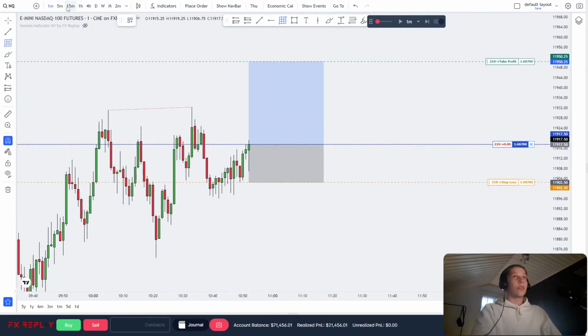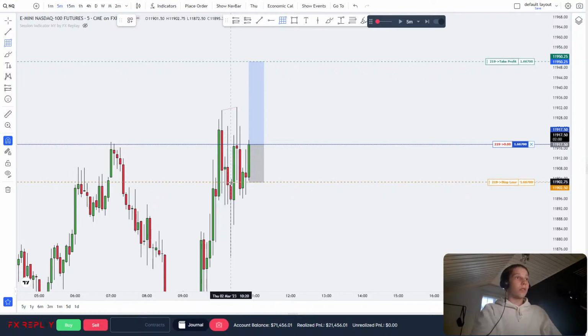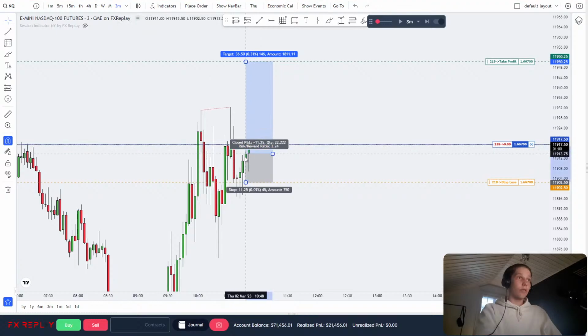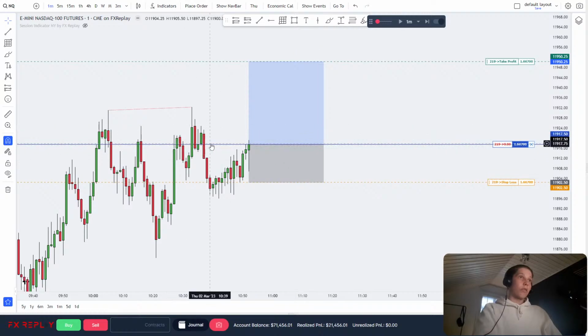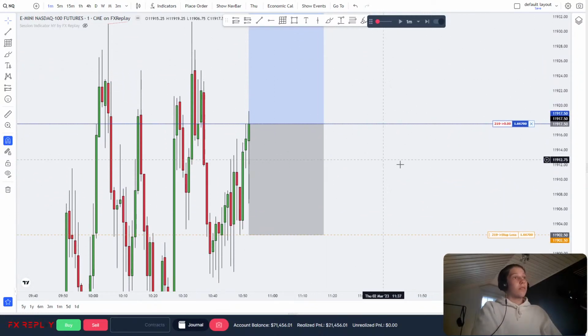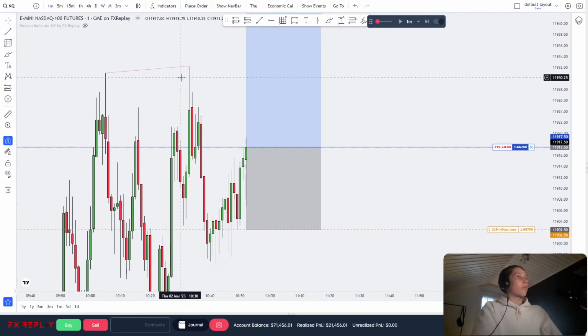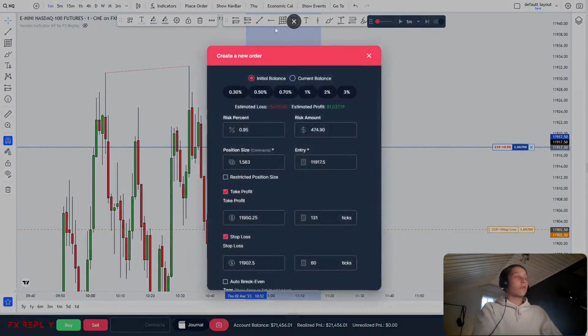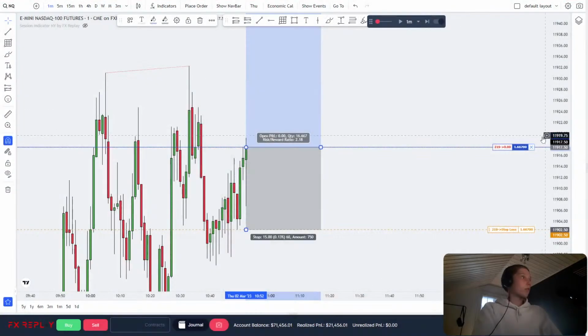We are delivering away from the M3 fair value gap here, flipped this M3 gap already, so you could have taken the trade from here. Now all of the gaps are flipped, but even this flip is not that great, so we are only going 1% risk. Let's make sure we had the 1% risk.